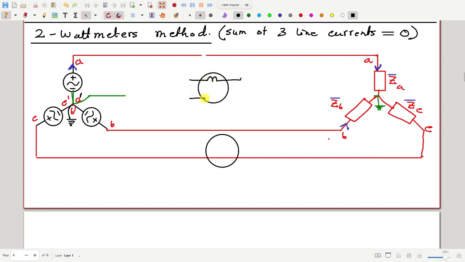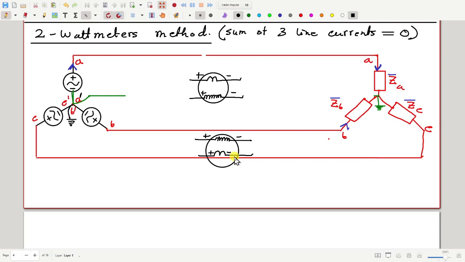Current coil, voltage coil, suppose plus, minus, plus, minus, plus, minus, plus, minus. Now, the rule is this: put the current coils in any 2 lines, any 2 lines you like. Which 2 lines you like? Tell me, any 2 lines.